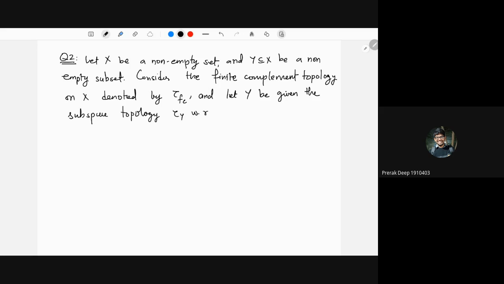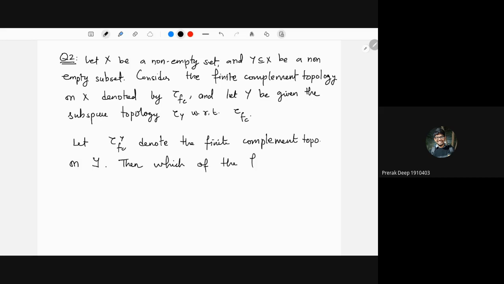with respect to tau FC, and let tau FC Y denote the finite complement topology on Y. Then which of the following are true?